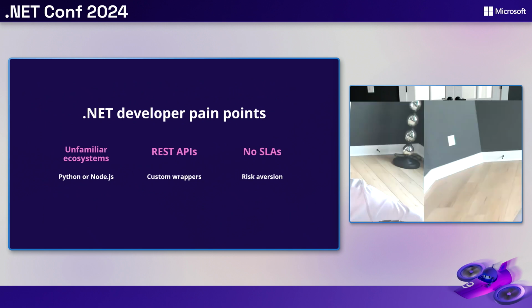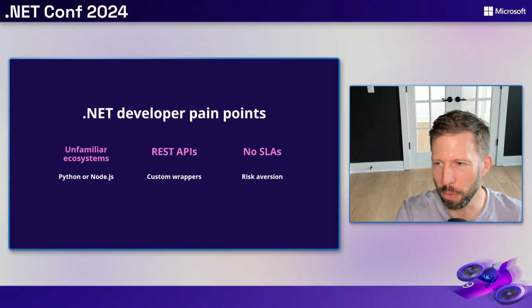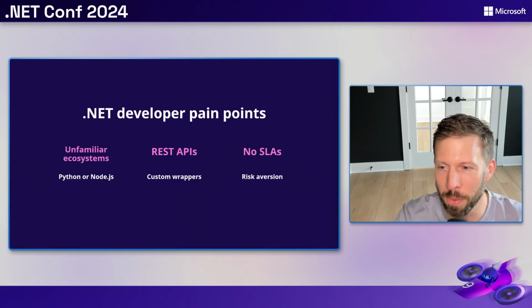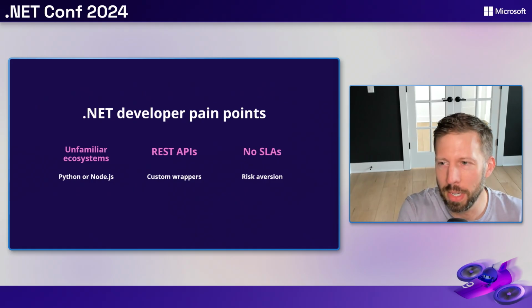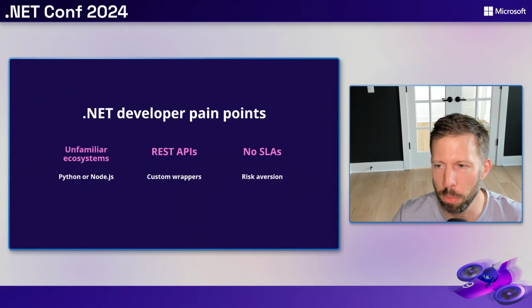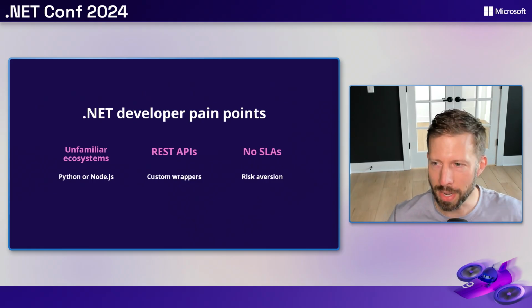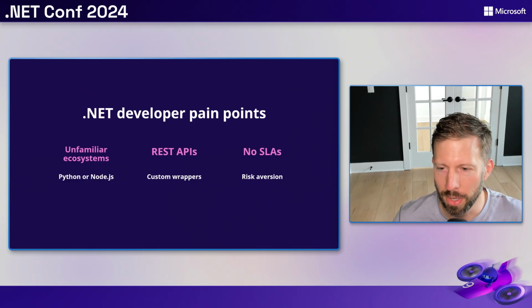Why should I have to participate in those ecosystems, Python and Node? After all, the promise of .NET all along has been build anything anywhere. And more importantly, you shouldn't need a PhD in data science to be productive and to actually build an intelligent app with .NET.